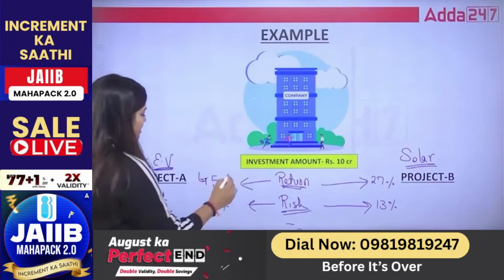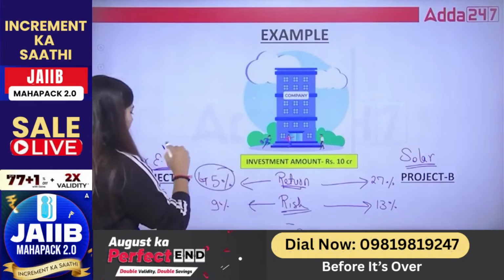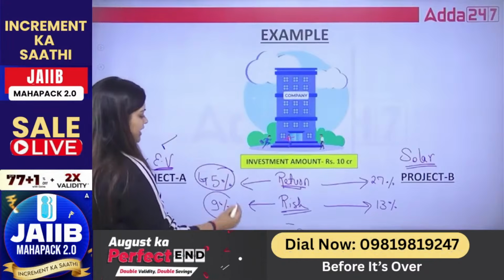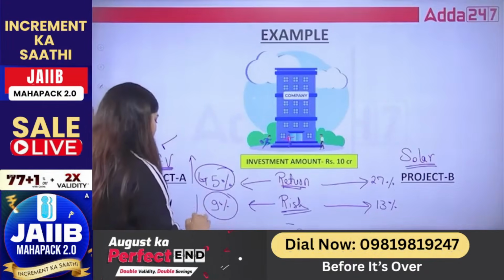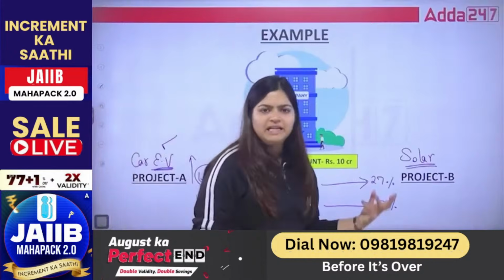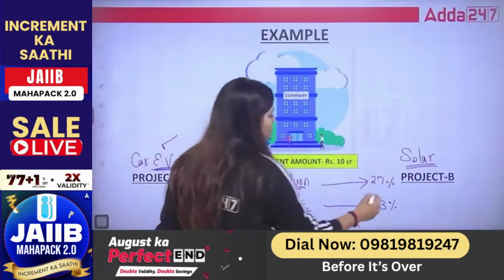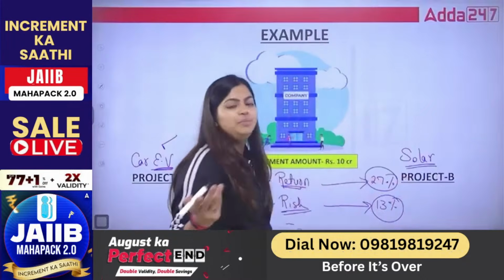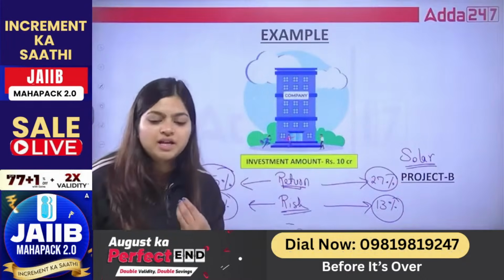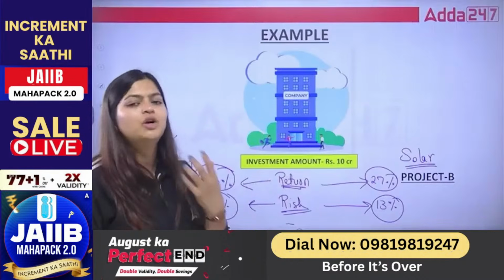If they go with electric vehicles, return is high as well as risk is low. But if they go with project B, solar panels, their risk is 13% and their return is also 20%.